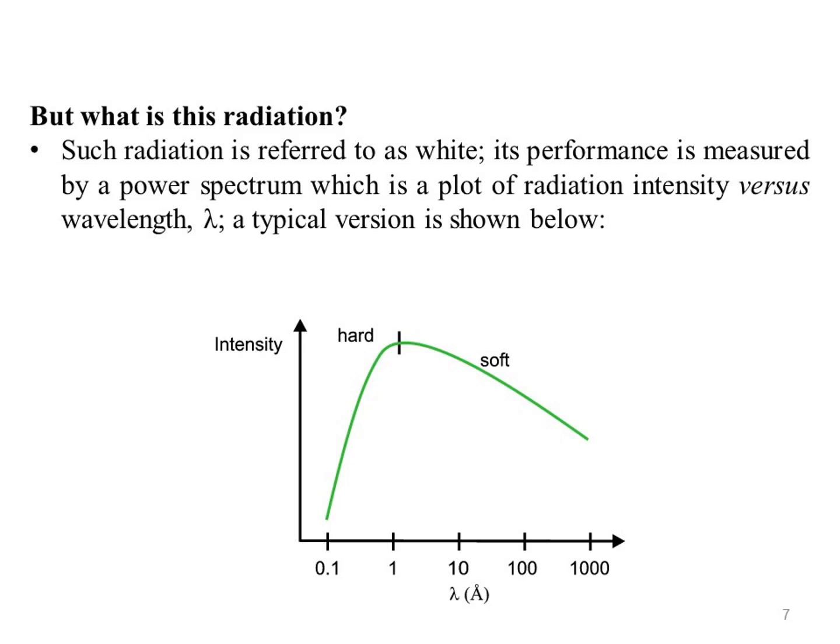But what is this radiation? As already remarked, it extends from the radio frequency to the X-ray regions of the electromagnetic spectrum. Although we will be principally interested in the X-ray region, such radiation is often referred to as white since it contains all wavelengths.